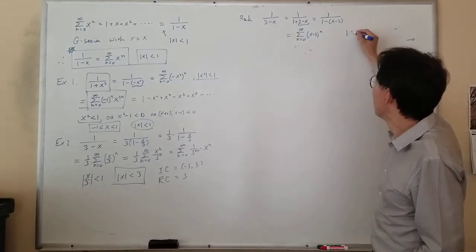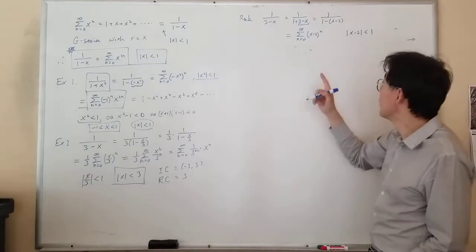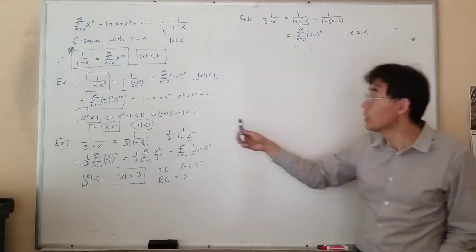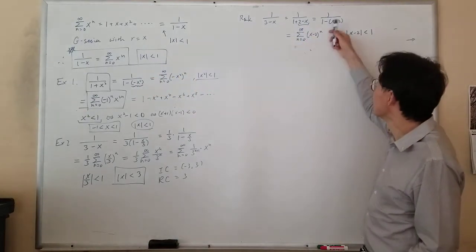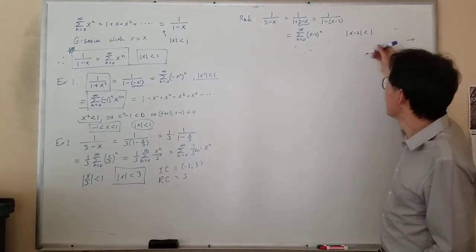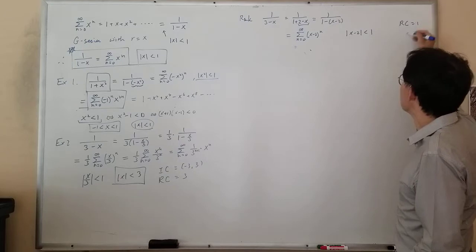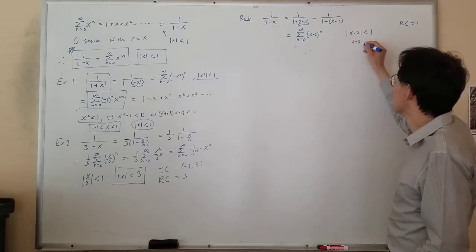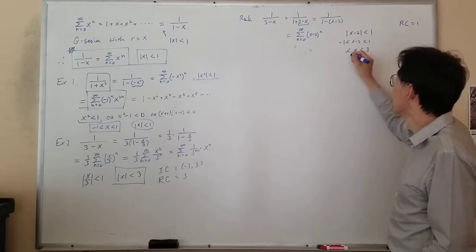Also, we have to satisfy that the absolute value of something is less than 1. When you write 1 over 1 minus something, the absolute value of this something is less than 1. So the radius of convergence is 1. And this means that x minus 2 is between -1 and 1, so x is between 1 and 3.